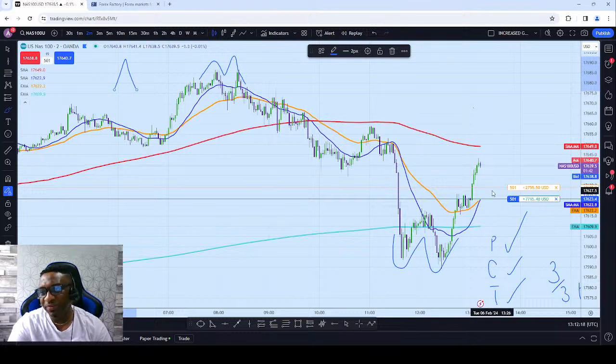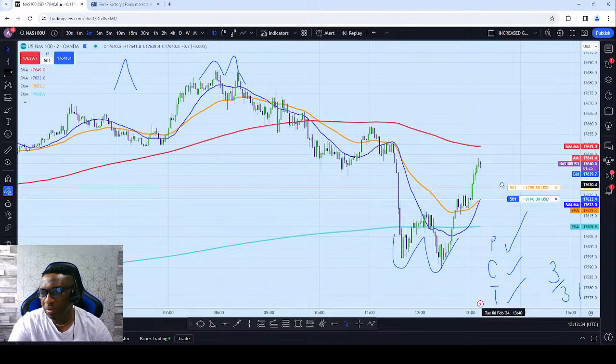That makes it a risk-free trade in case price turns round against our position, because our stop loss will be there to protect our profits.